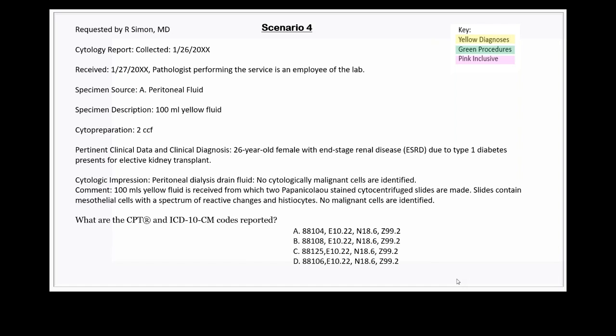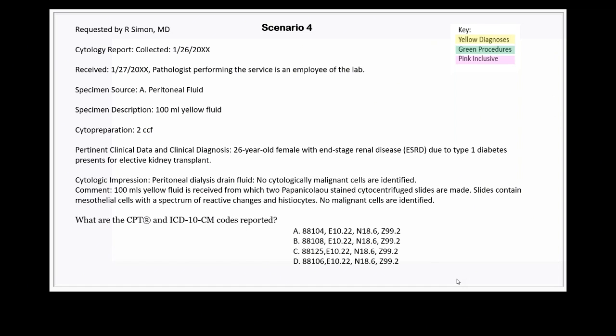Cytopreparation 2 CCF. Pertinent clinical data and clinical diagnosis: 26-year-old female with end-stage renal disease, ESRD due to type 1 diabetes, presents for elective kidney transplant.